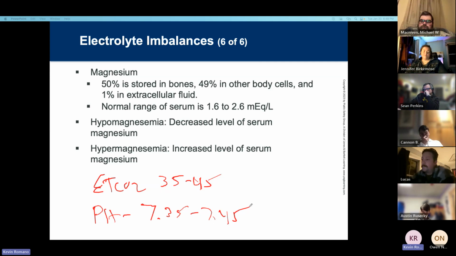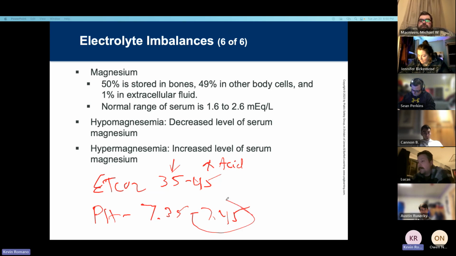What most likely will we see with an end tidal, elevated or decreased? Most likely you're going to have a decreased end tidal with an increased pH. You'll see that respiratory alkalosis.